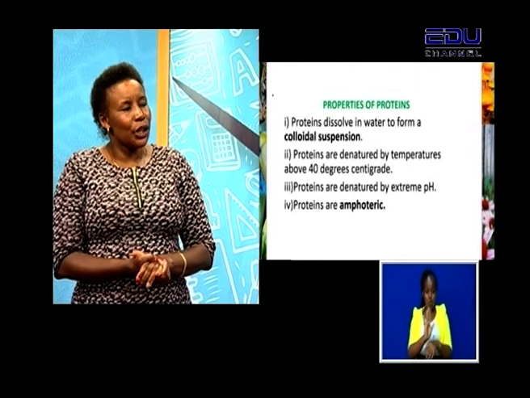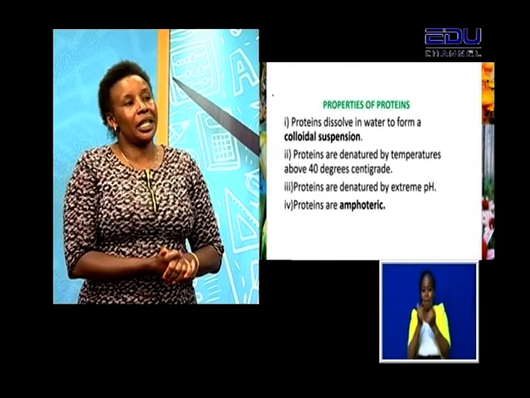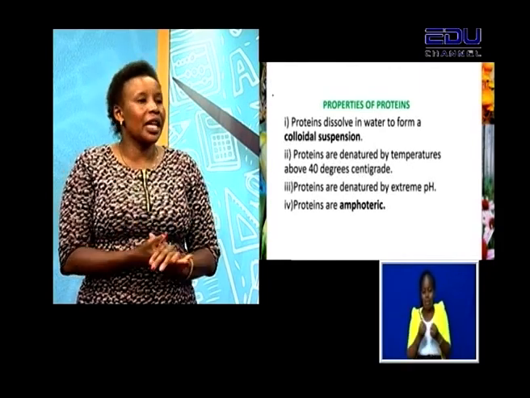So the same case applies to these proteins. Once exposed to very extreme pH, especially acidic pH, they get denatured. So two things denature these proteins: temperatures above 40 degrees centigrade and extreme pH, especially acidic pH. You get it?